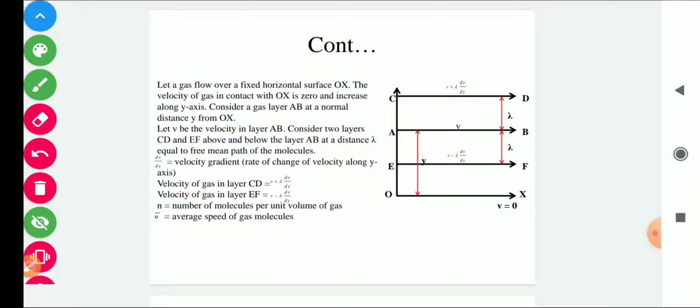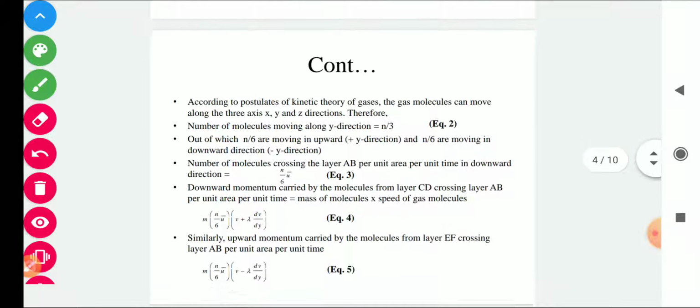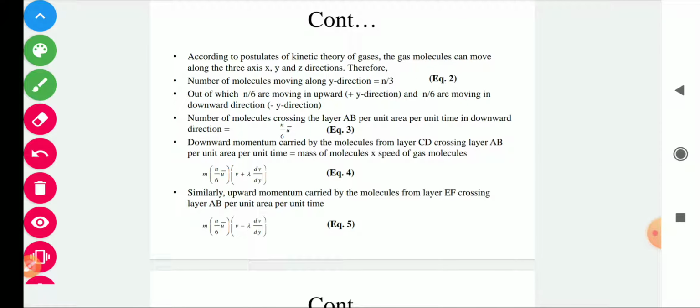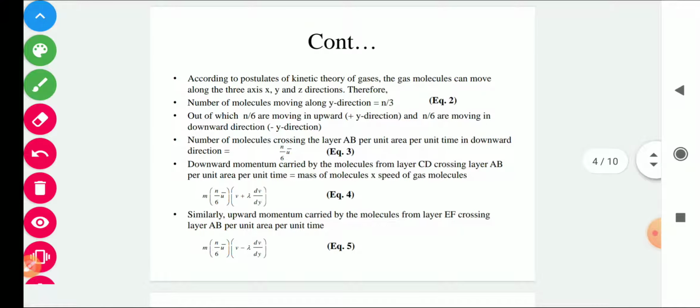Now let us assume n equal to the number of molecules per unit volume of the gas, and u bar is the average speed of the gas molecules. According to the postulates of the kinetic theory of gases, the gas molecules can move along the x, y, and z directions with equal probability.